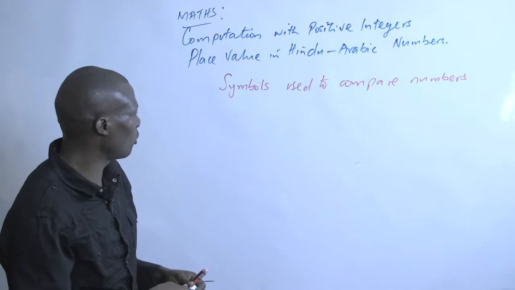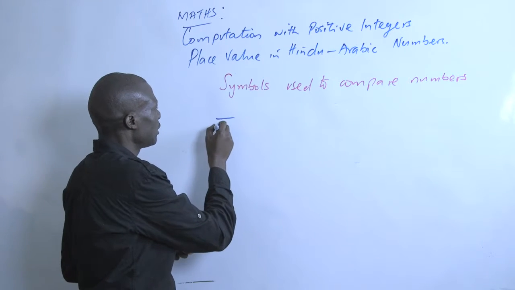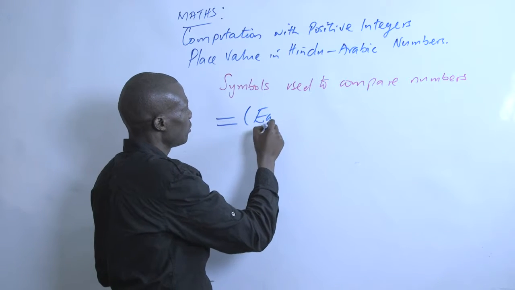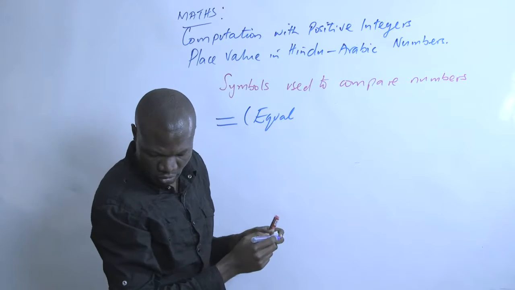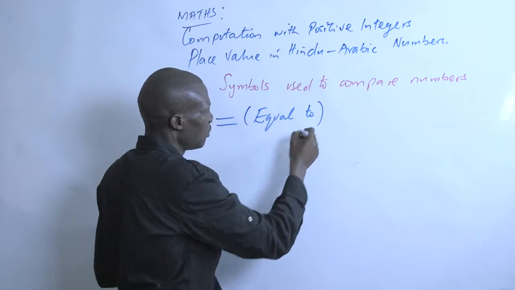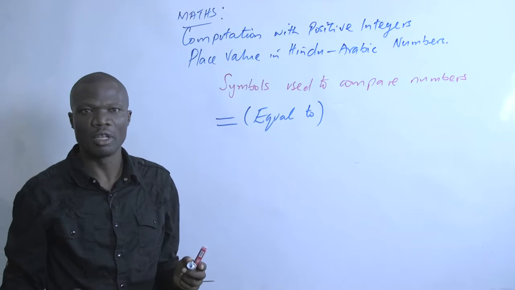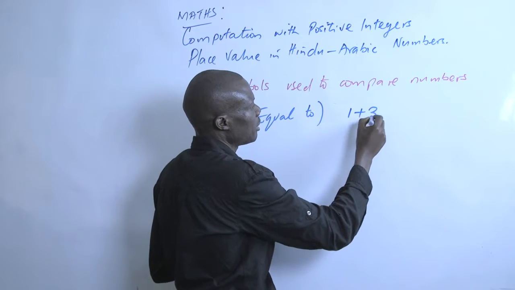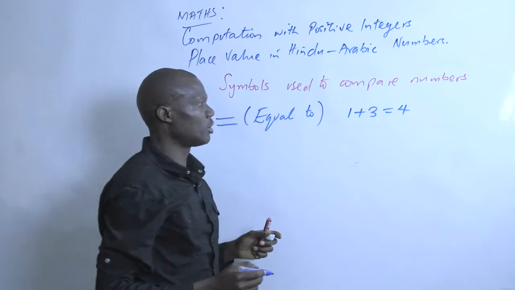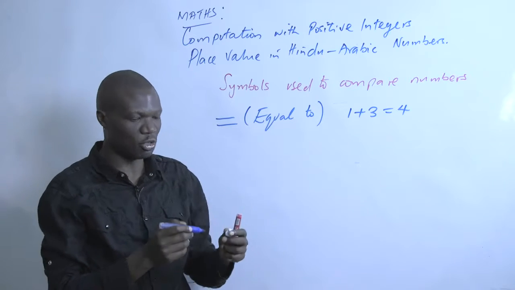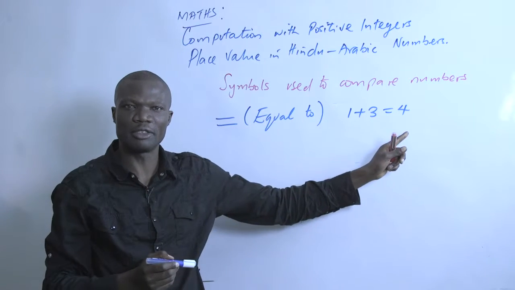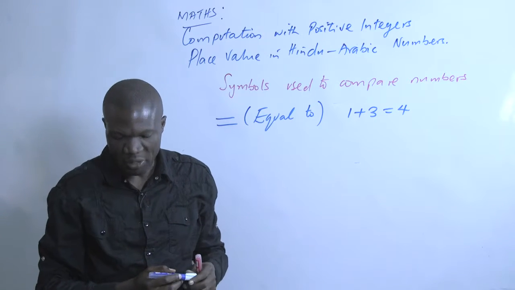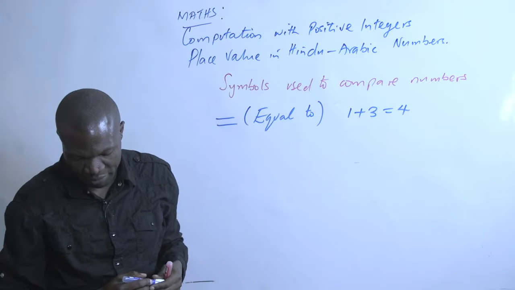The first symbol we have is called equals to, which can be illustrated when we say 1 plus 3 is equal to 4. It is very true that 1 plus 3 is 4. Therefore, this sign is a symbol used to compare numbers.